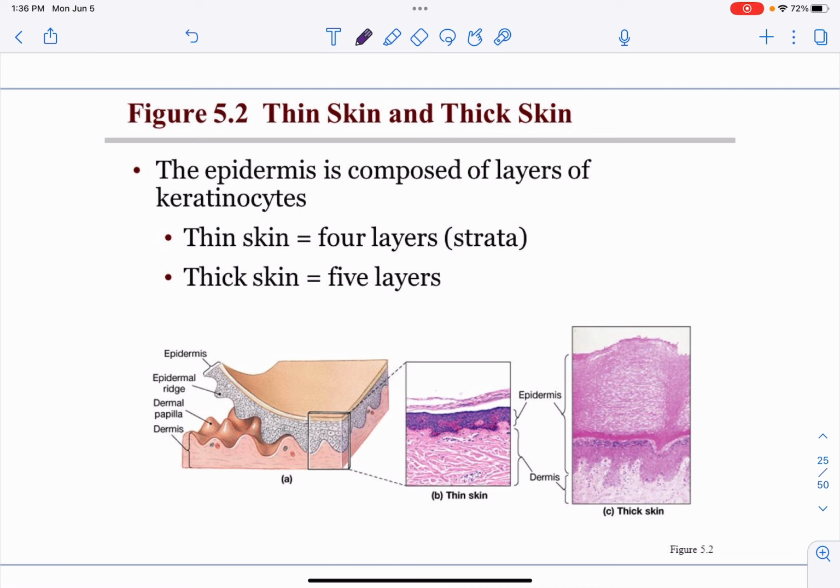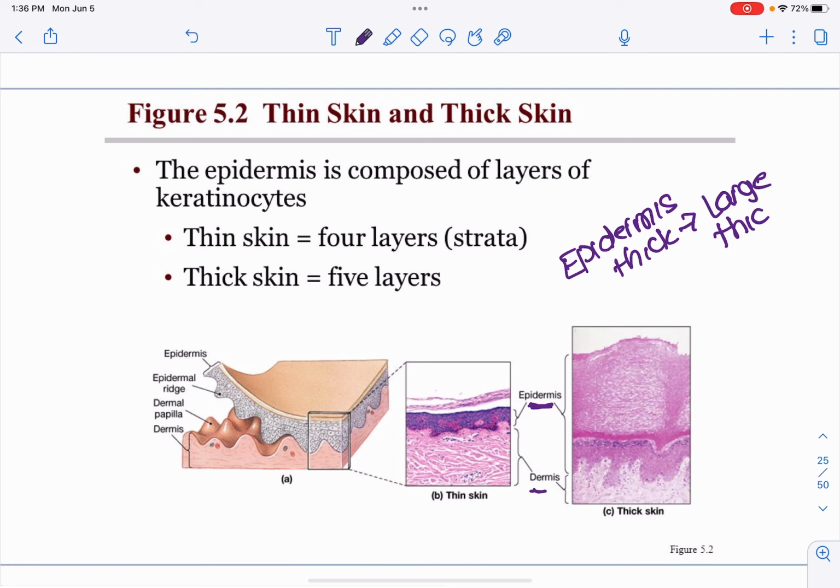There is one other feature of thick and thin skin that I want you to understand. We spent just a few minutes talking about the difference between the epidermis, all right? There is also a difference between the dermis. So the epidermis of thick skin is quite large. It's quite thick, I should say. The epidermis of thin skin is quite thin.